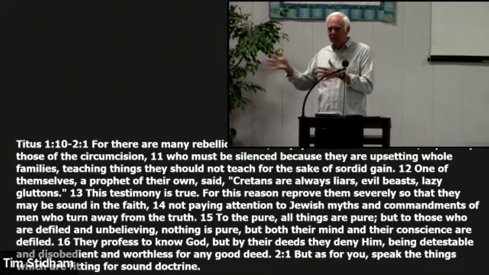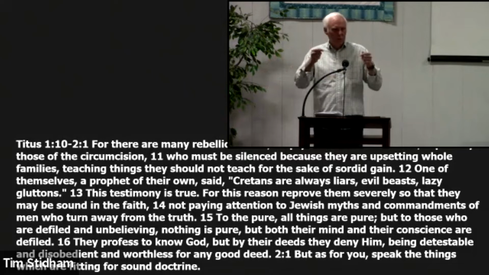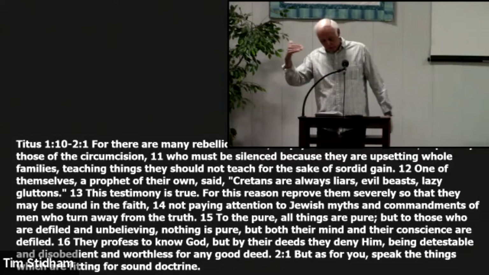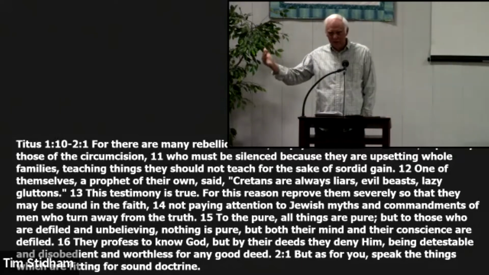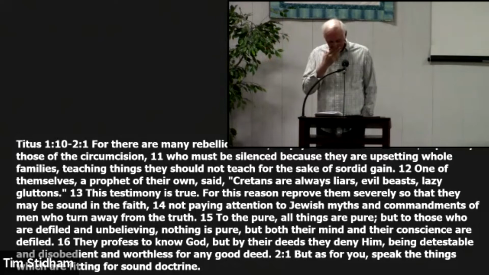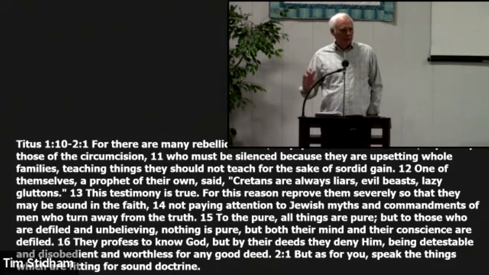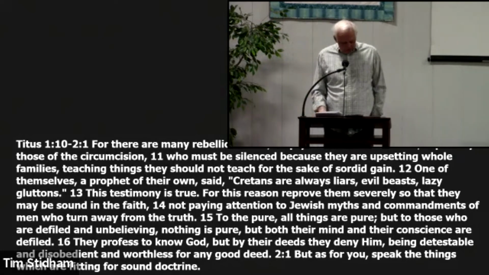You're going to select these people because they're sound in the truth, because they know how to teach, because they know how to contradict those who are teaching wrong, because Cretans are always liars, evil beasts, and gluttons, and because there are these Jewish myths and commandments that are messing things up. So he gives this one paragraph explaining why it's important for Titus to choose wisely the people who are going to be elders.